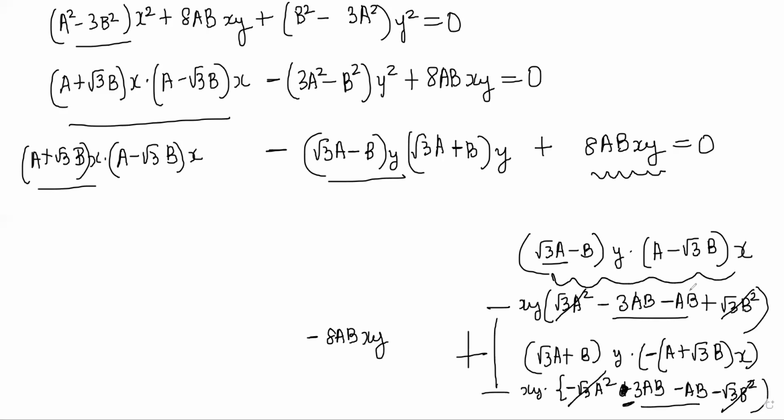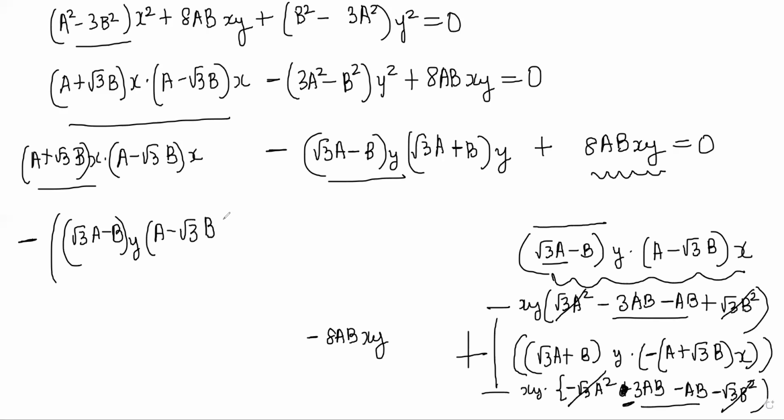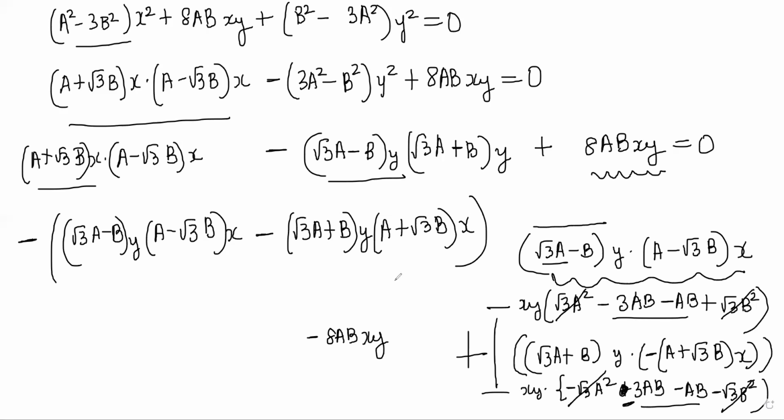So basically what we are getting is this quantity. This quantity was coming out to be minus 8abxy, so minus of that will become plus 8abxy.